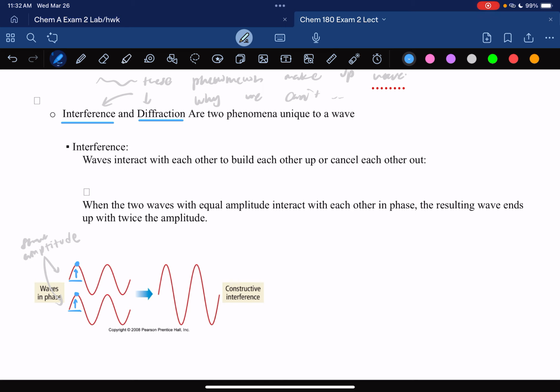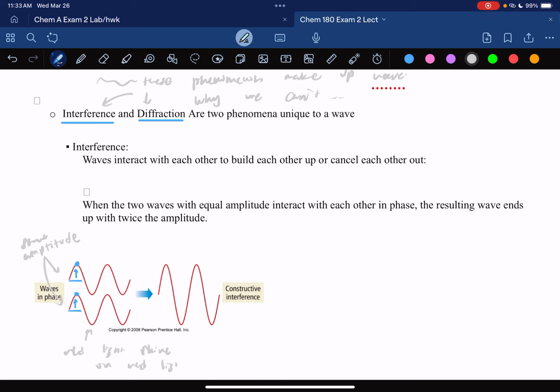The resulting one will end up with twice the amplitude. So if I shine red light and the same red light in phase, then the red light will be twice as intense, okay? So if they come in phase, you can see this is twice as much as the original.